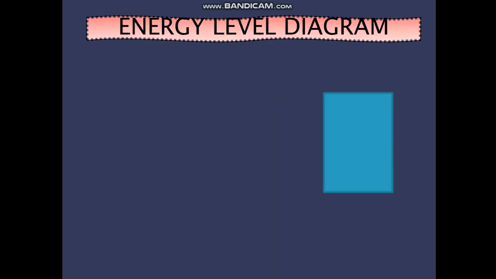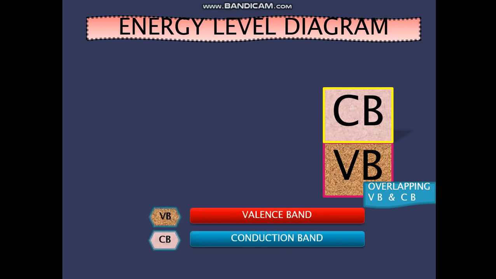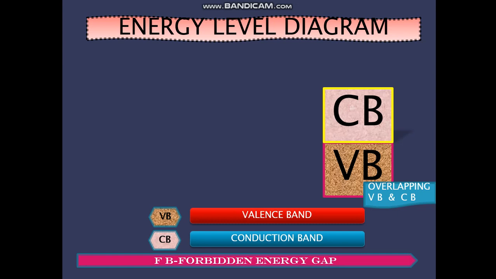So we compare it with our energy level diagram. In this one, the valence band and the conduction band are overlapping each other. Obviously, there are a lot of electrons for conduction. That is nothing but the conductor, wherein there is no forbidden energy gap.